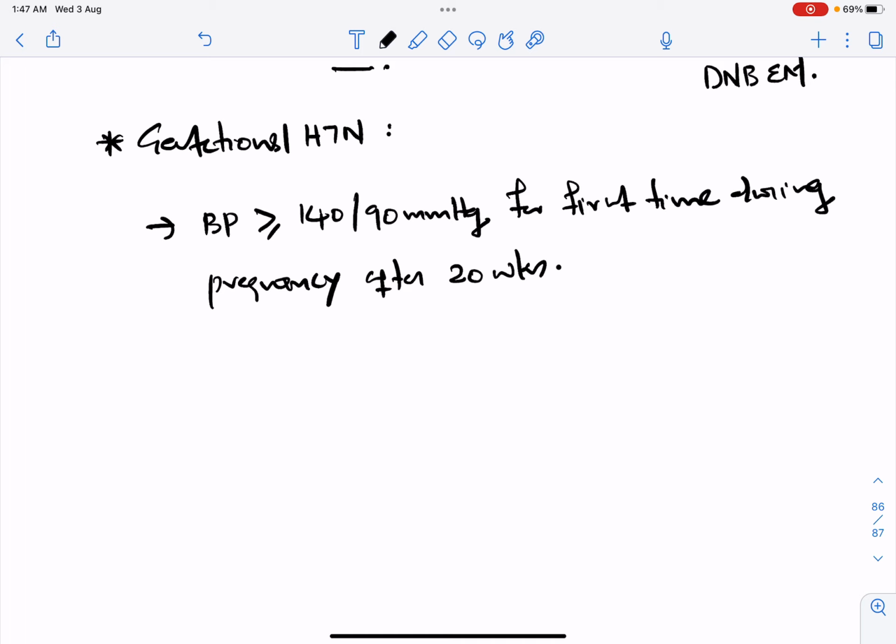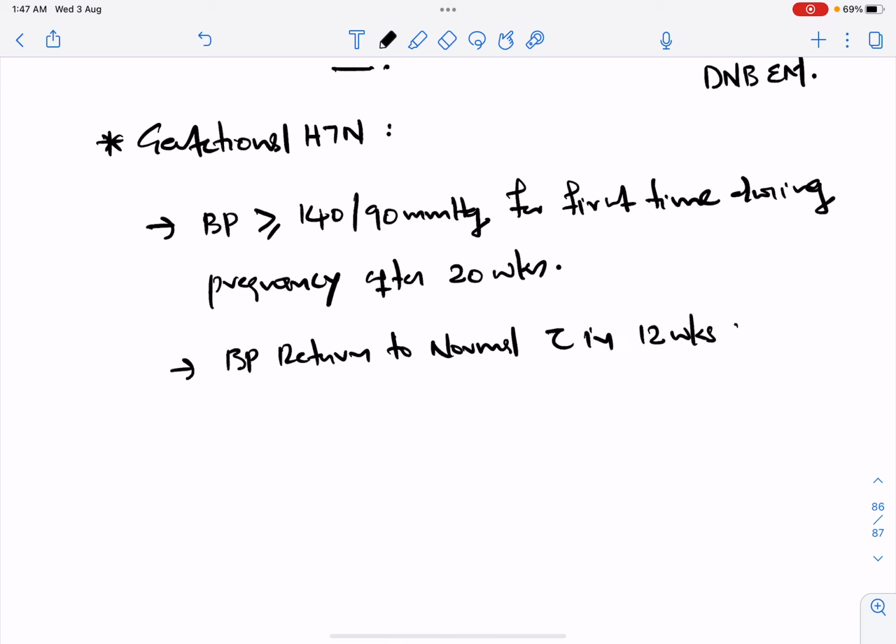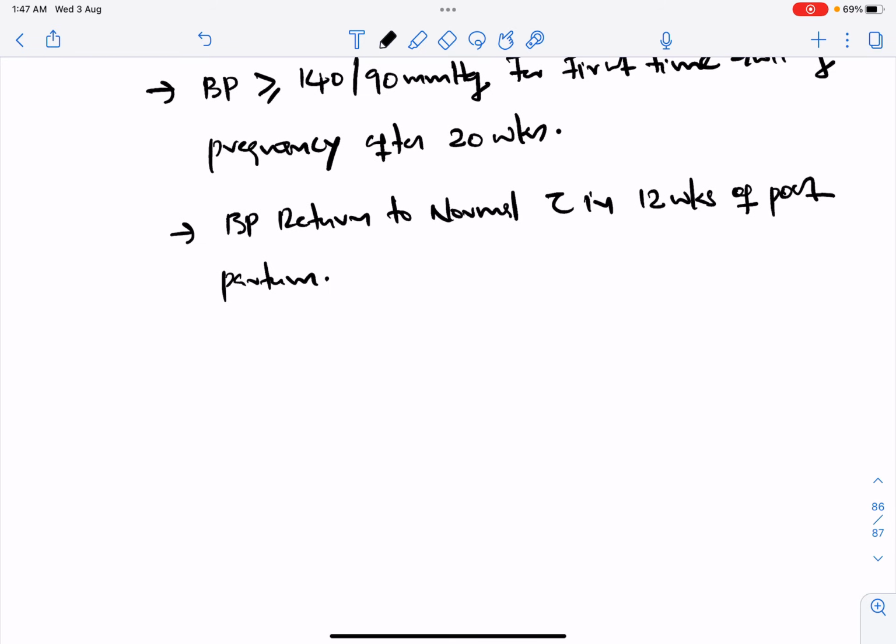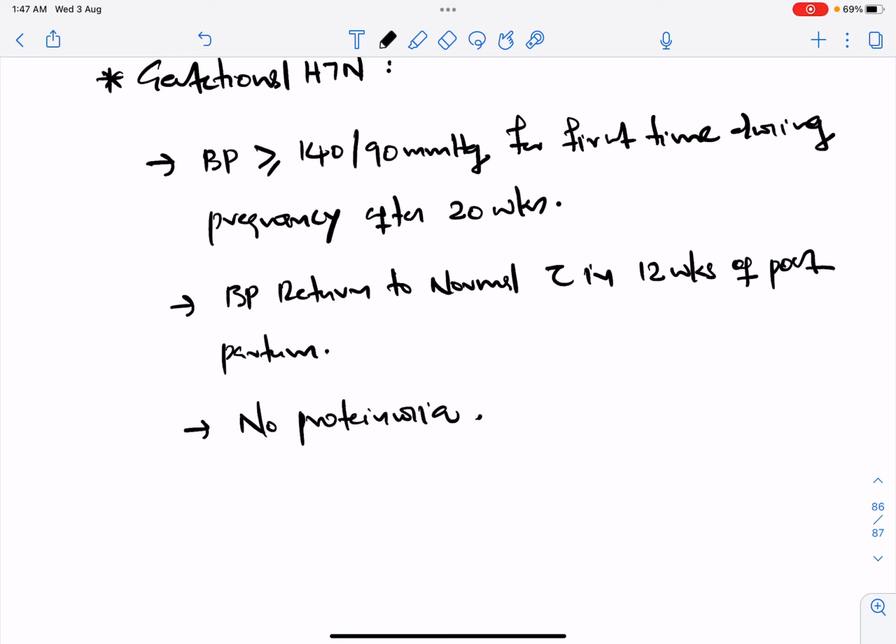Okay, and BP should return to normal within 12 weeks of postpartum. And there won't be any associated proteinuria, no proteinuria. Okay, these three criteria should be met to call it gestational hypertension.